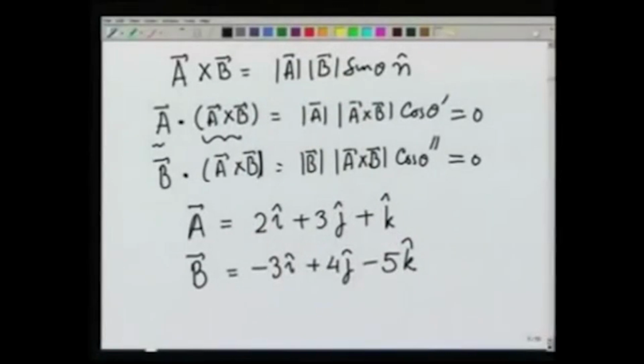We want to take the cross product or vector product and show that the resulting vector is really perpendicular to both A and B. So, what we will do is we will calculate A cross B and then take dot product with A and take dot product with B. So, let us do that.